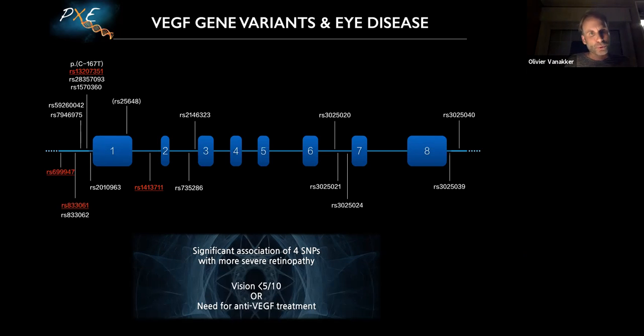So we see that if you carry these variants, you can have a higher chance of needing these anti-VEGF treatment. It does not mean that you will completely lose your vision. In many cases, these treatments work fine and patients will retain their vision.